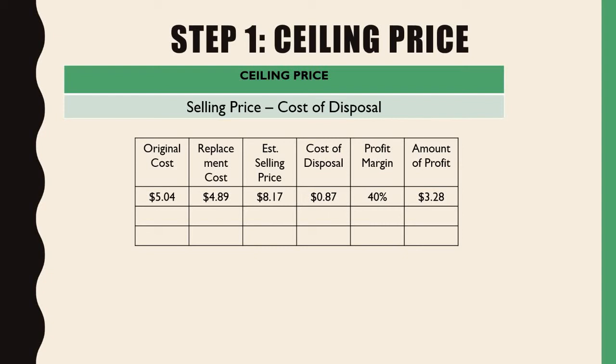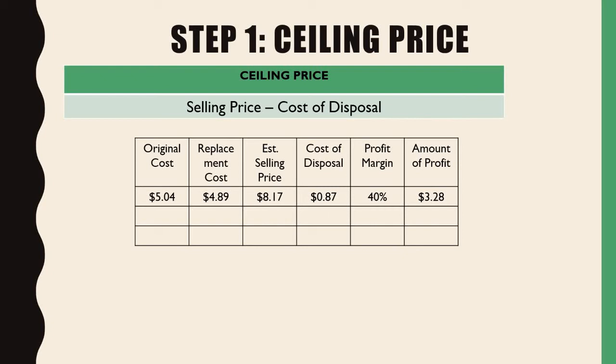It's going to cost me 87 cents, okay? And then, of course, my amount of profit is going to be based off of my profit percentage, which is 40%. So if I sell the item at $8.17, I want to make at least $3.28 profit. Obviously, these are margins. They're not accurate because I want to make at least 40%.